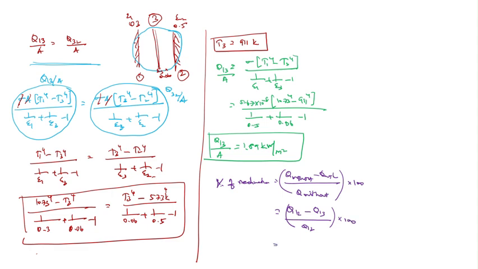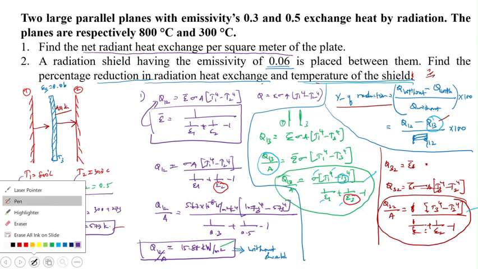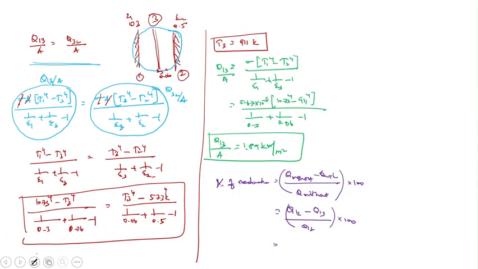Q122 we already found, which is equal to 15.88. So 15.88 minus 1.89 divided by 15.88 into 100. After substituting the values, the percentage of reduction is almost nearer to 88 percent.